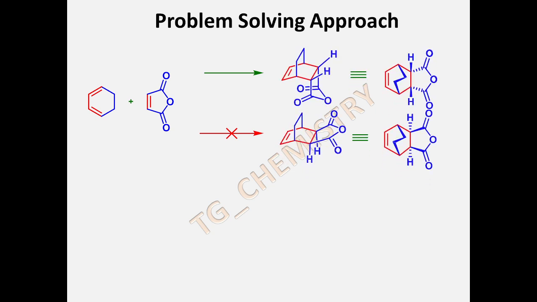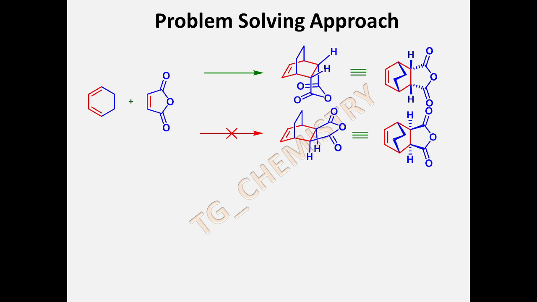So in that concept, in the first one you can see this should be the endo product, and it can be written in this way as well. This is only the mode of representation to assign these two hydrogen atoms and their stereochemistry.